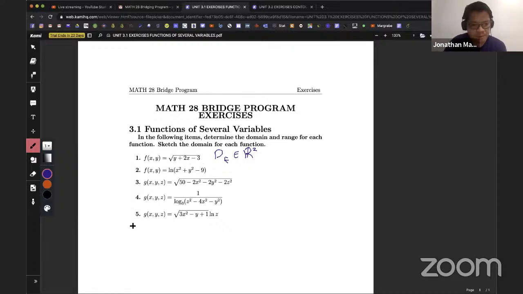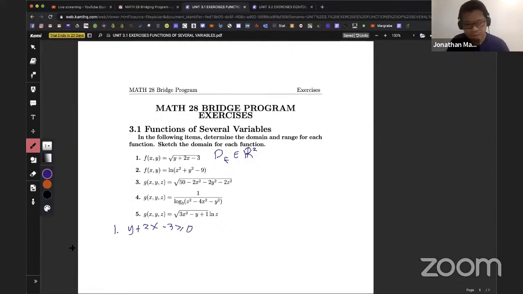So for item number one, we should have the condition that y plus 2x minus 3 should be greater than or equal to 0. So that will actually constitute the domain of the function.